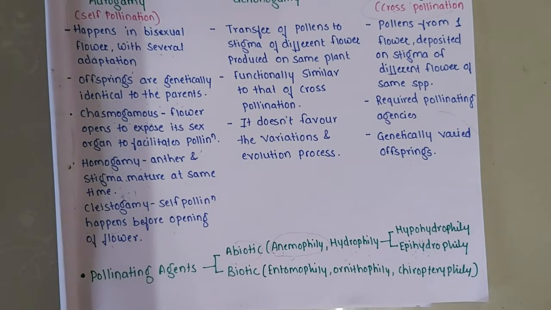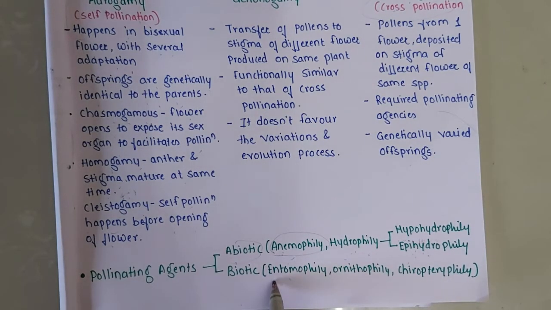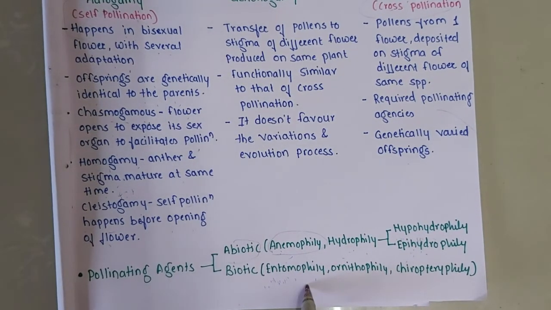Okay, now the first, that is pollination by insects, is known as what? Entomophily. If we study insects, it comes under the science branch called entomology. That is why the word is related to insects. Okay, entomophily, pollination by insects.